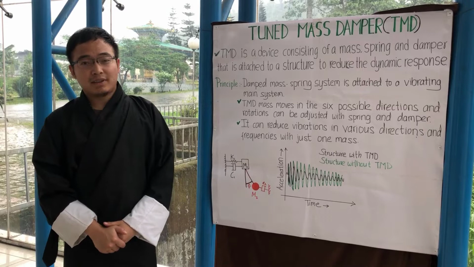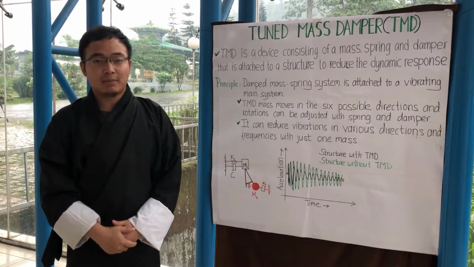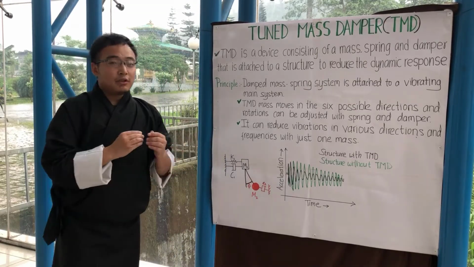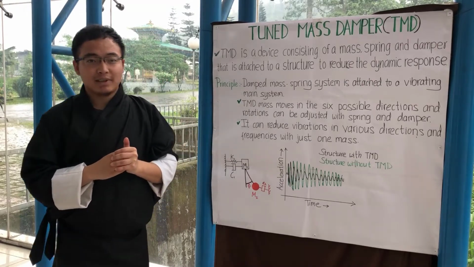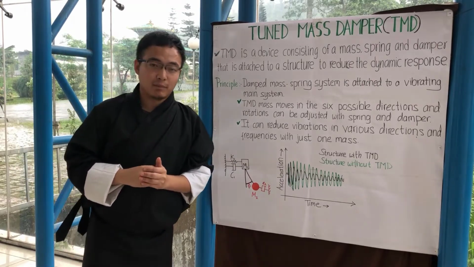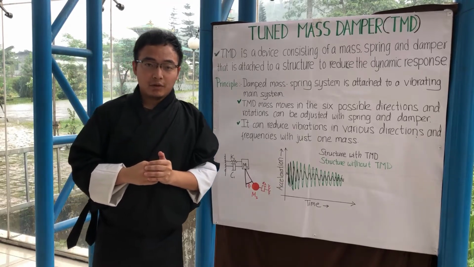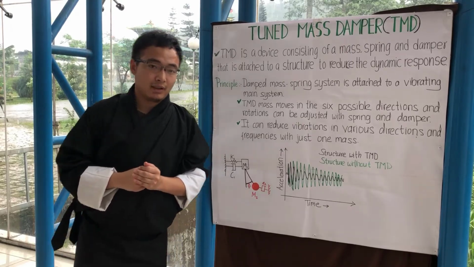Horizontal tuned mass dampers are mainly used in buildings and towers, while vertical tuned mass dampers are usually used in bridges and walkways. Tuned mass dampers mainly work on the action of a damped spring mass system which is attached to a main vibrating body. Basically, the tuned mass system acts out of sync with the vibrating structure, thereby reducing the amplitude of the vibration.